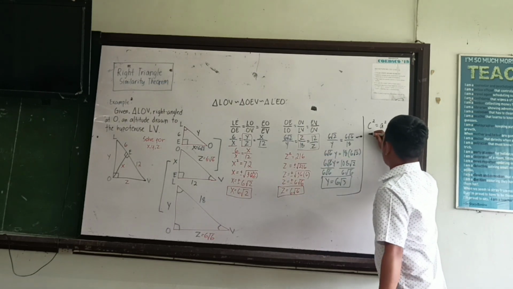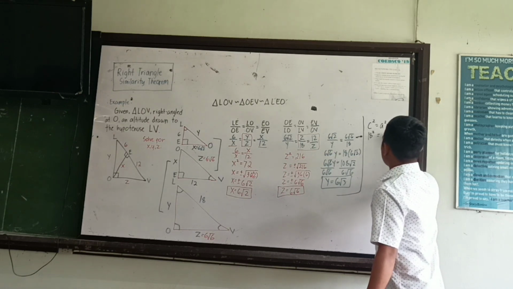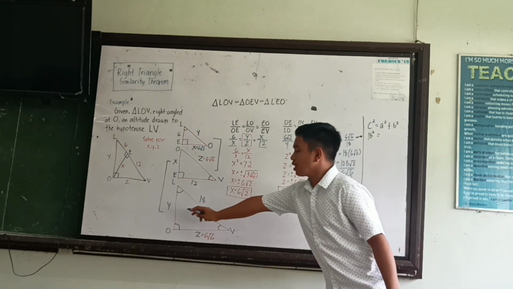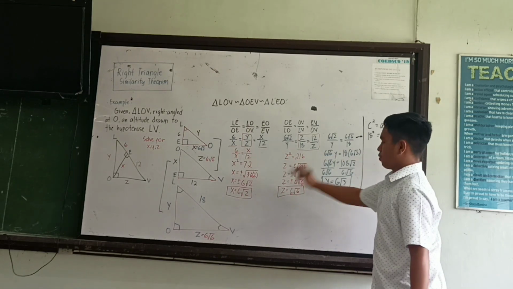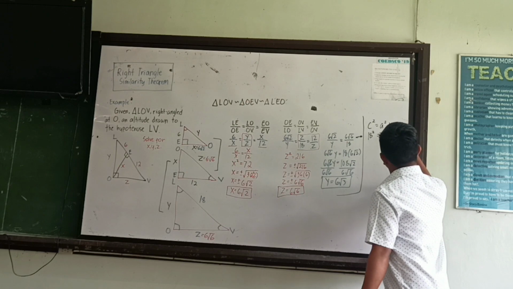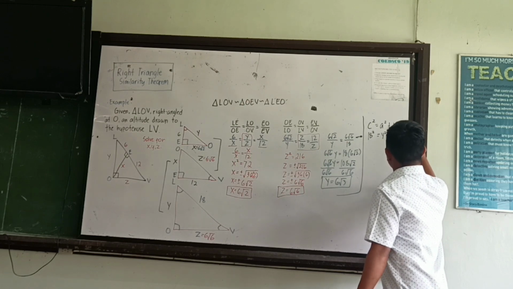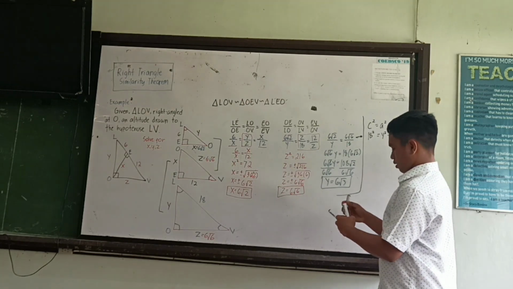Our hypotenuse here is 18, so we have 18 squared equals a squared. Let's say our a here is y, so we have y squared plus b squared, let's say z, so 6 square root of 6 squared.